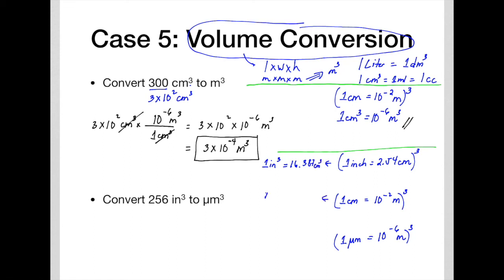And for this one, we have 1 centimeter cube equals 10 raised to negative 6 meter cube. And then the other one would be 1 micrometer cube, and that is 10 to the negative 6 times 3, which is negative 18 meter cube.